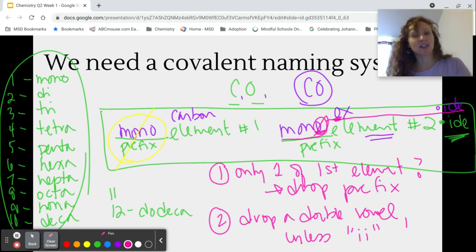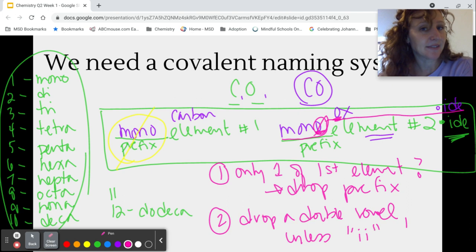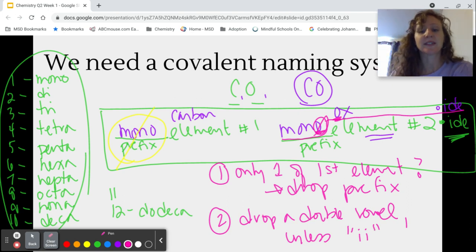And then that's it. That's the whole naming system. So prefix, element, ide. If you only have one of the first one, you drop the prefix. If you have a double vowel, you drop one of those unless you have a double I. And that's the whole system.